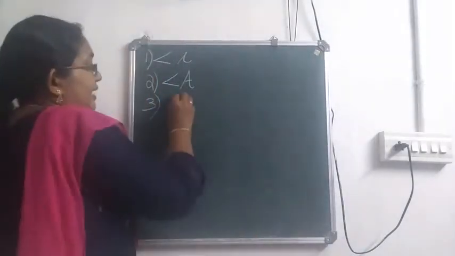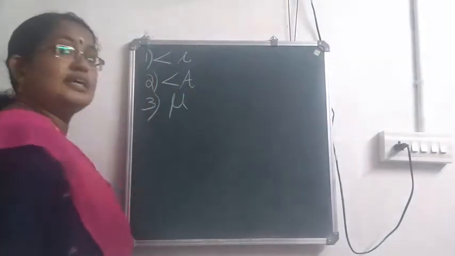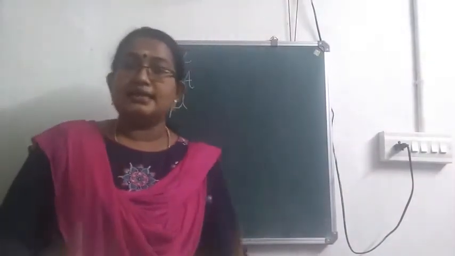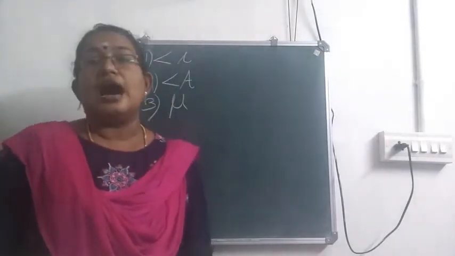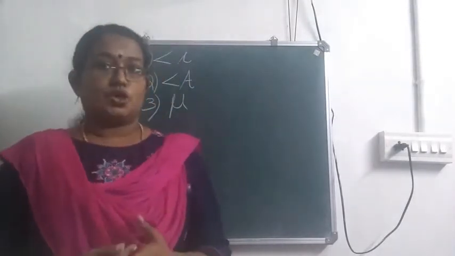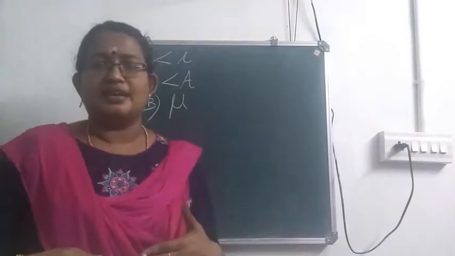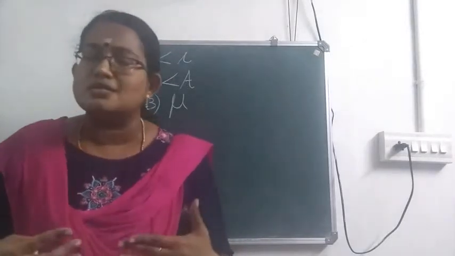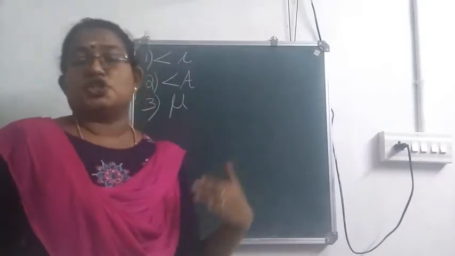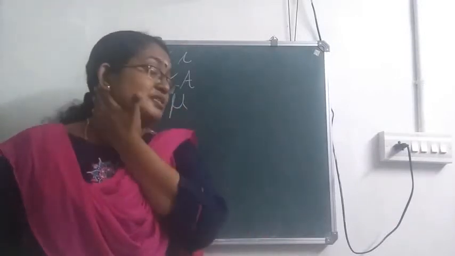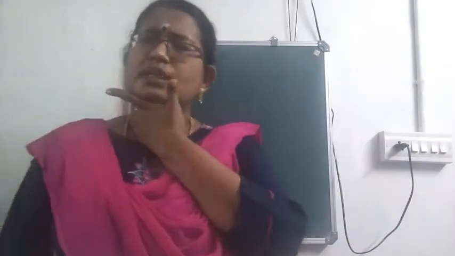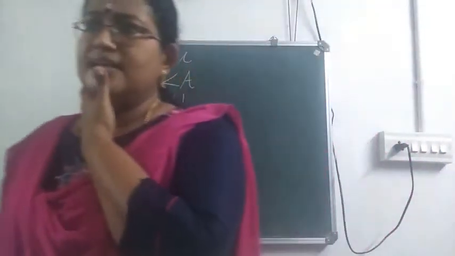Now the third one is about the refractive index. The higher the refractive index, the higher will be the deviation shown. An example is given in your textbook about flint glass as well as crown glass.